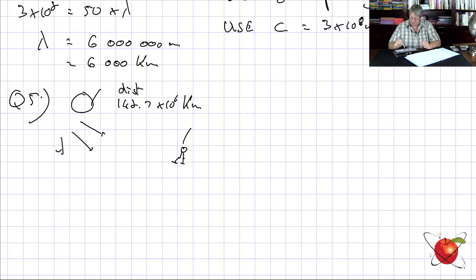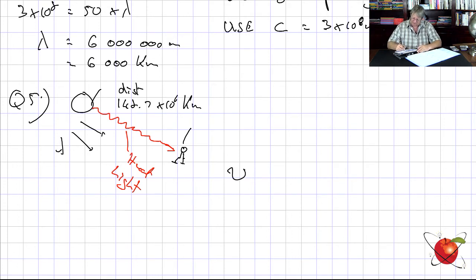So let's just put that in red just for some fun, shall we? Red, it's radiating heat and light at us, right? That's what it's doing. So we know how far it is, and let's put down our only equation that we've got. Velocity is equal to frequency times wavelength.